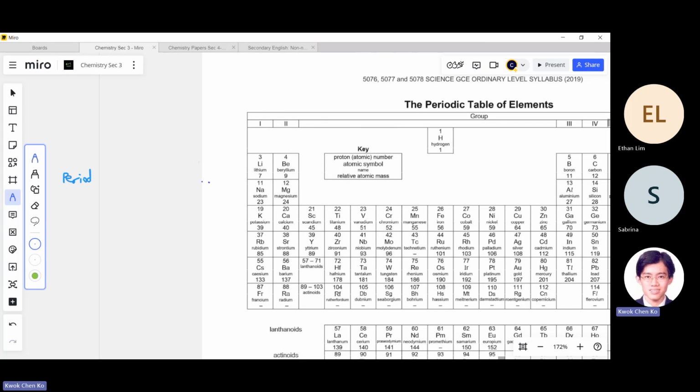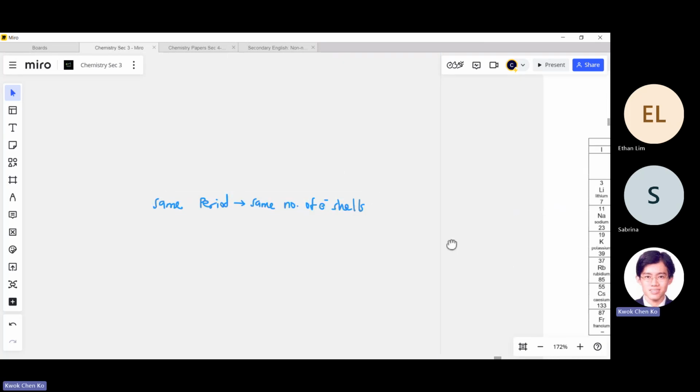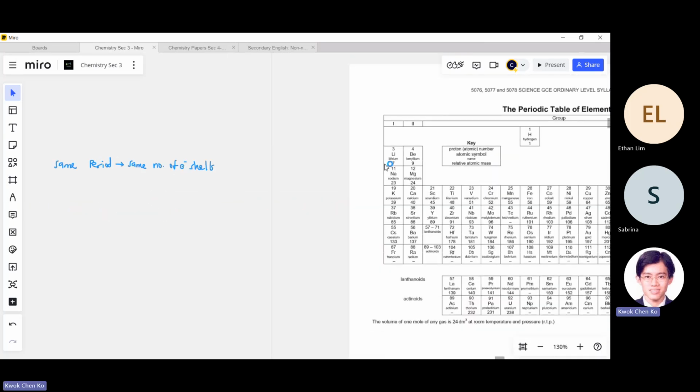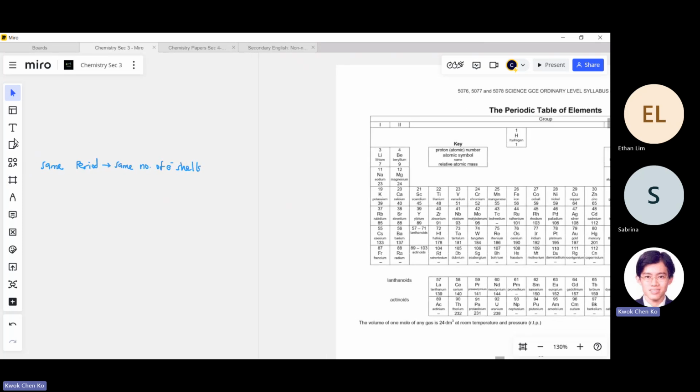Elements in the same period means same number of electron shells. Does that ring a bell? So if you are in period 2, let's say you are lithium, then it has two filled electron shells, just like fluorine in period 2 as well.